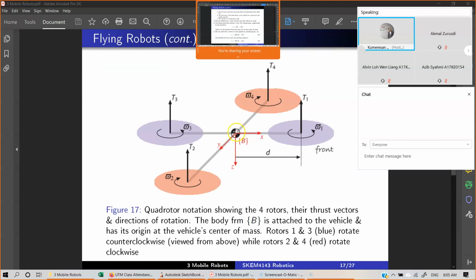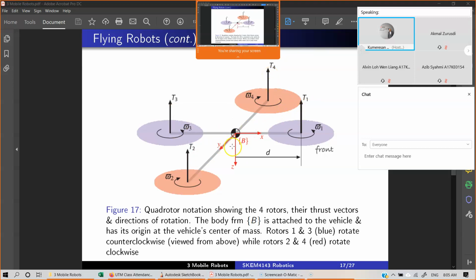What lifts the quad rotor is this actuation. The total thrust that acts on the quad rotor's center of mass is T1 plus T2 plus T3 plus T4.